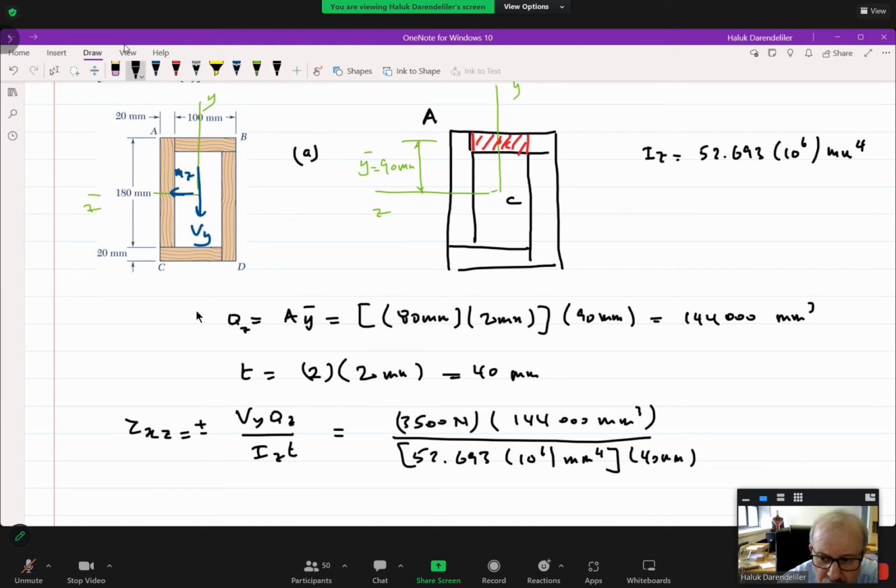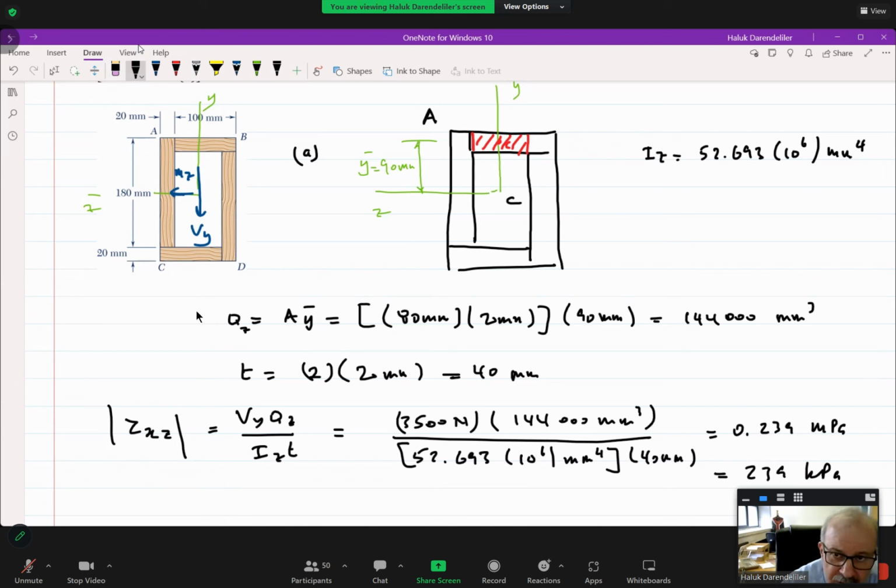Anyway, when you calculate this, the stress would be, okay, maybe it's better to talk about its magnitude. Let me write only the magnitude and show the direction above, it will be better. And that's equal to 0.339 megapascals, or it is equal to 239 kilopascals.